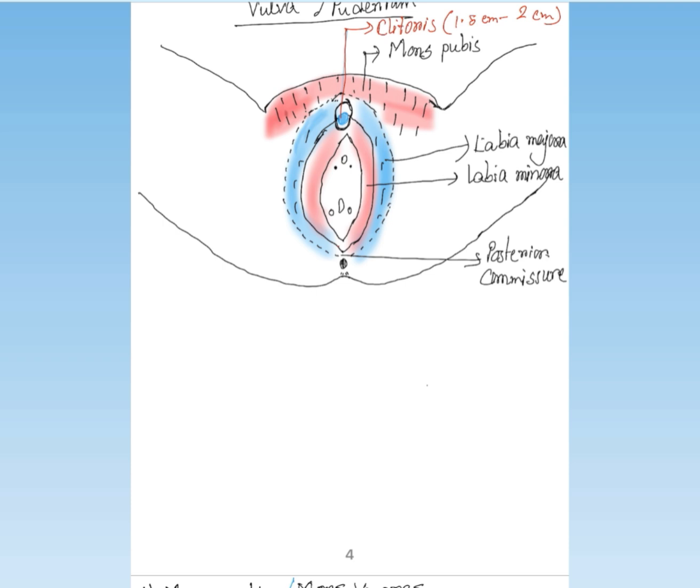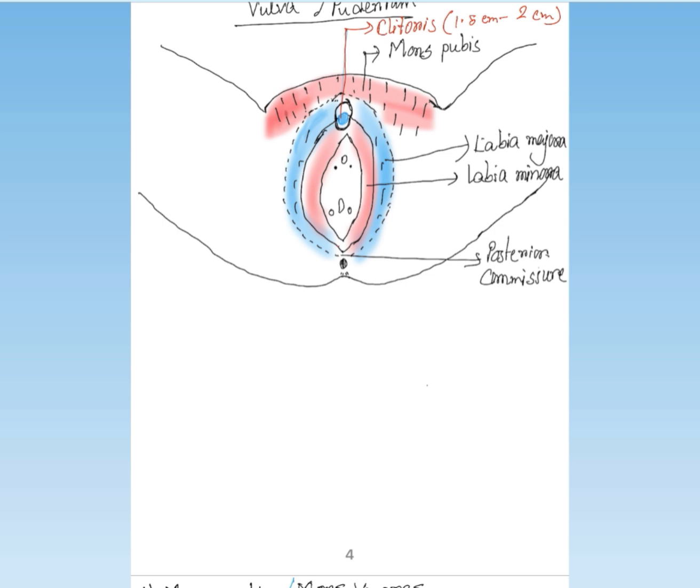The labia majora is the outer skin fold or outer lip like structure. In case of labia minora, it is also a skin fold, inner lip like structure, and it is inside the labia majora. Labia majora covers the labia minora. It is also rich in blood and nerve supply.